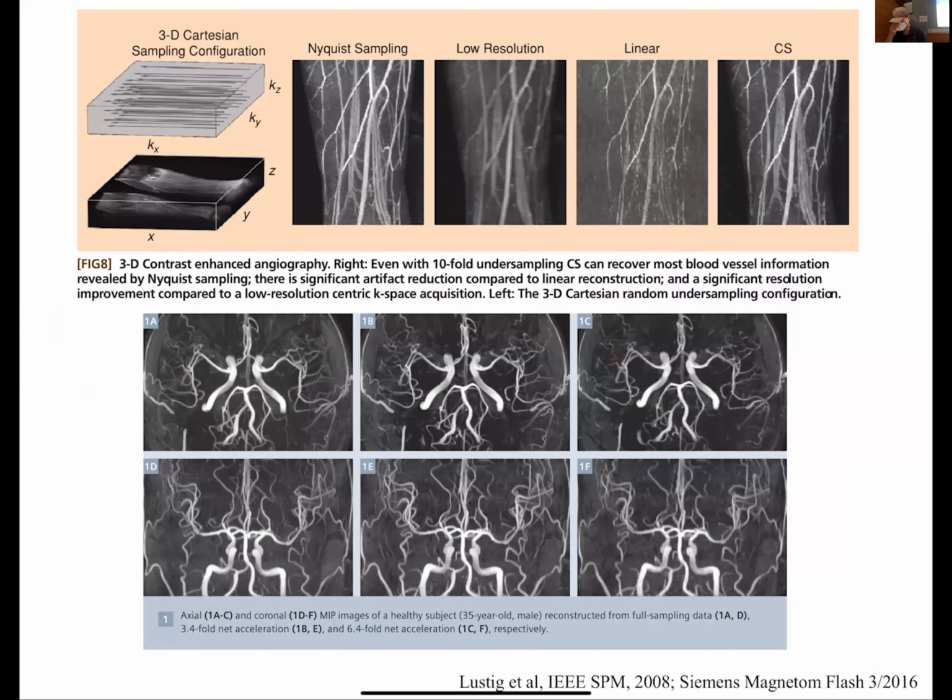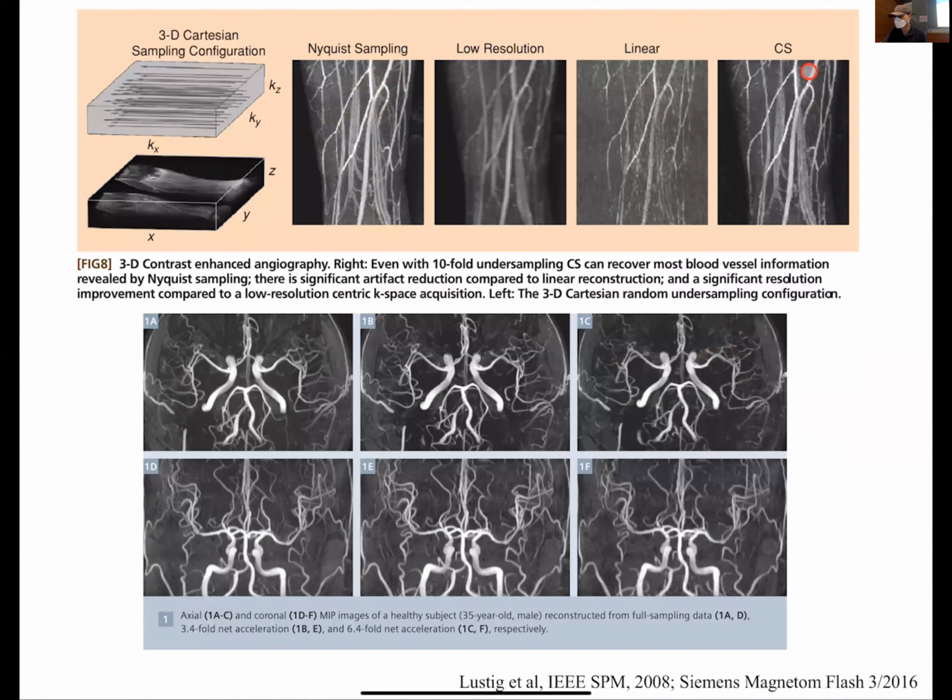All right. So it works really well, for example, for things that tend to have sparsity in them anyway. So for example, if I look at an angiogram, this is what I get if I do what's called Nyquist sampling, which is what we've done in the class, where we acquire all of Fourier domain. And now here I've gone 10 times as fast.